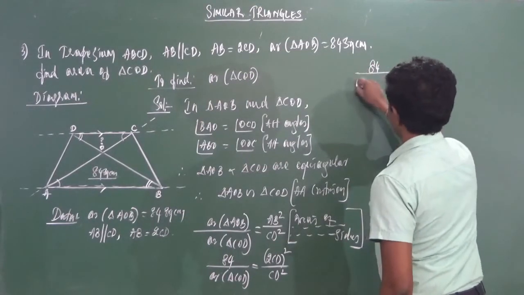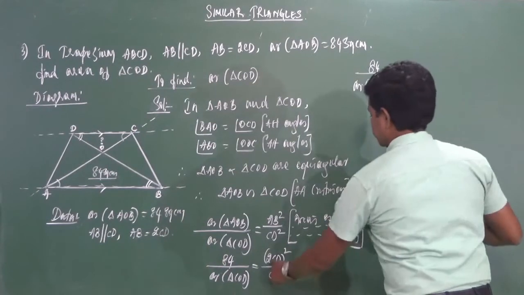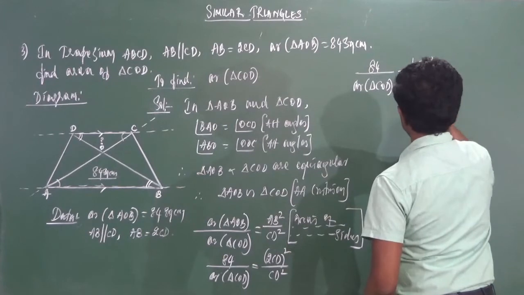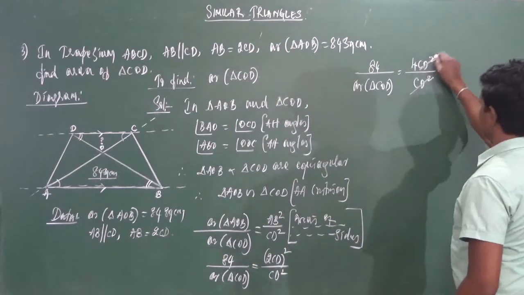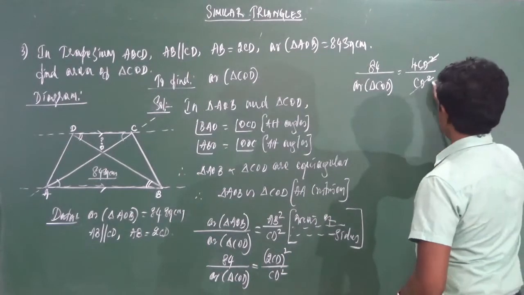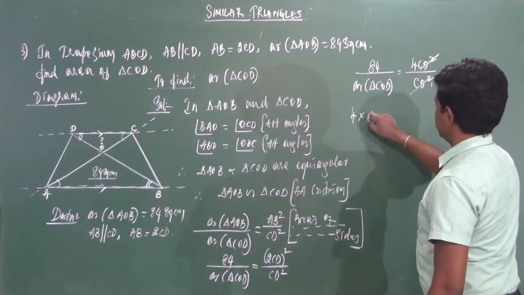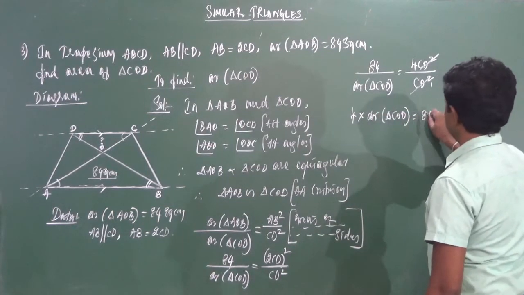84 by area of triangle COD is equal to 2CD whole square, which becomes 4CD square, by CD square in the denominator. Here CD square and CD square get cancelled, so the remaining thing is 4. Cross multiplying, 4 into area of triangle COD is equal to 84.